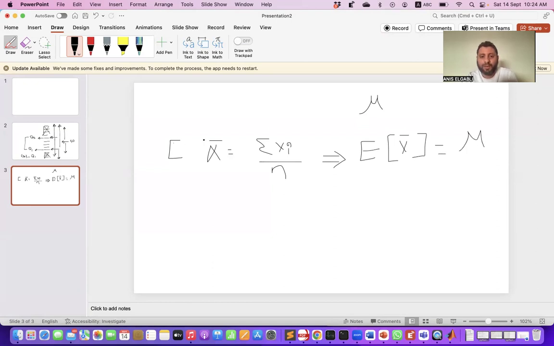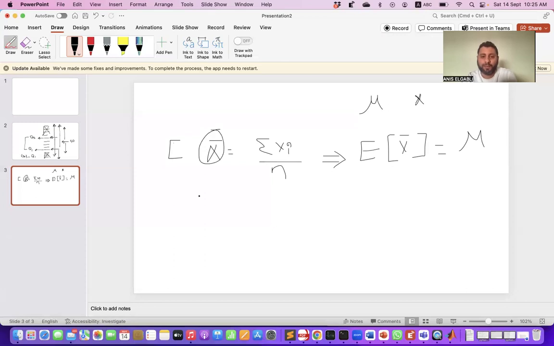As we sample again and again, picking different samples, we produce different values for this, so it is a random variable. But its expected value is equal to the expected value of the original variable x, the actual mean of that random variable.